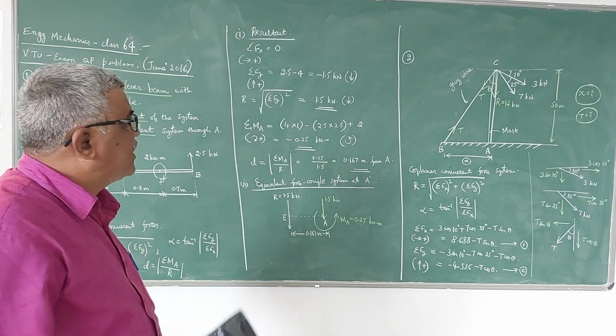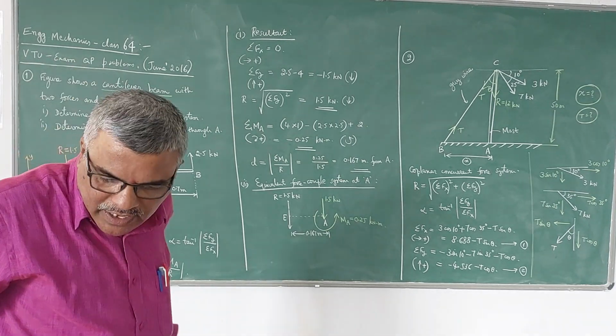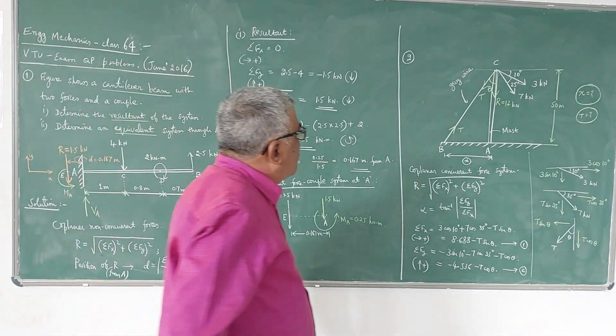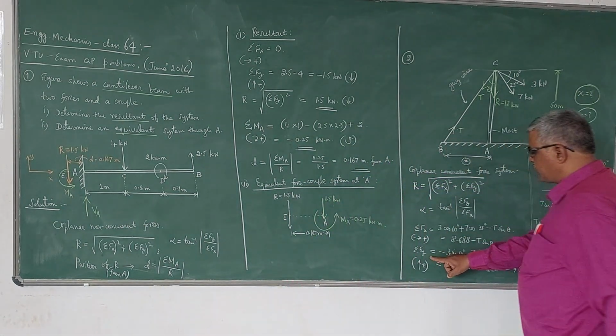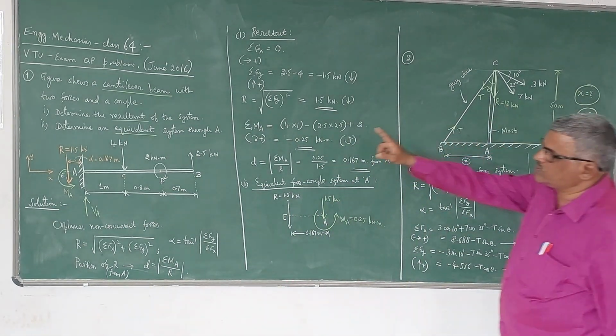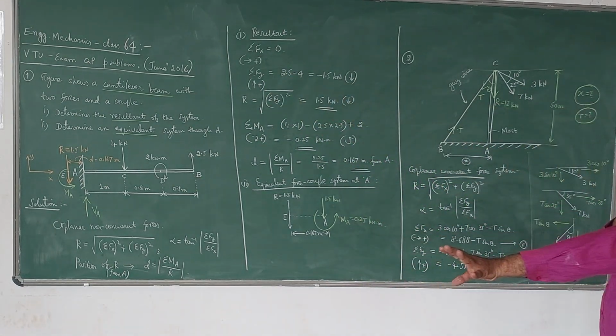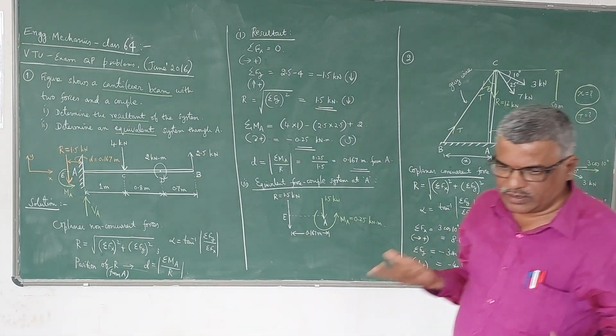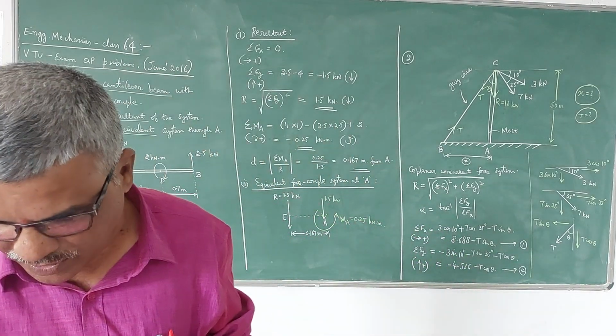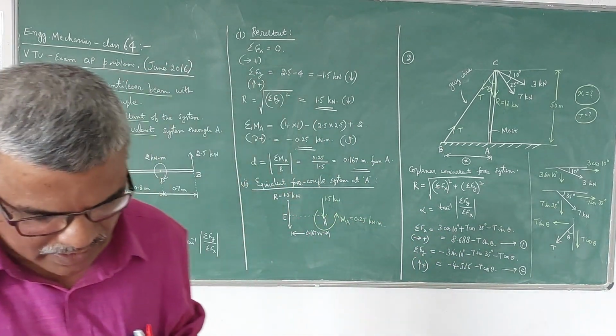Now since the resultant direction is known, it is acting vertically downwards, the value of sigma Fy itself is your R in magnitude, similar to the earlier example. That is the point we have to keep in mind.